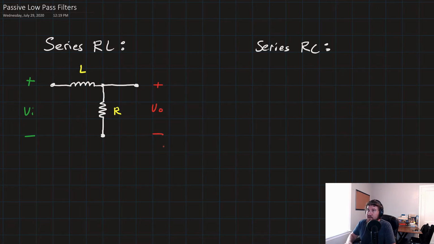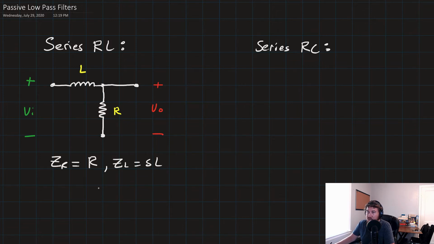Now, let's go ahead and solve the series RL. This will be the only one I do this particular one for, just because it's easy to see. We want to find our transfer function. Using the Laplace transform methods that we talked about in the previous lessons, remember that the impedance of R is just equal to R, and the impedance of L is equal to SL.